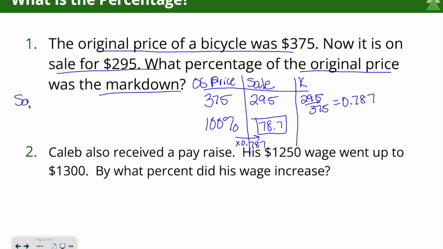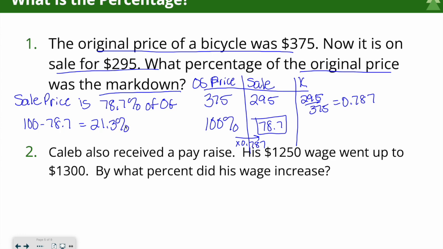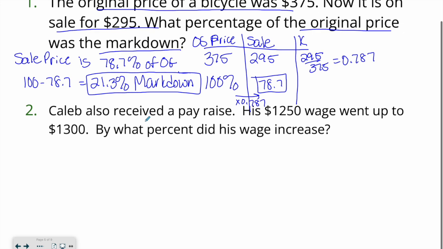So the sale price is 78 7/10% of the original. If we subtract that from 100, we get 21.3% markdown.